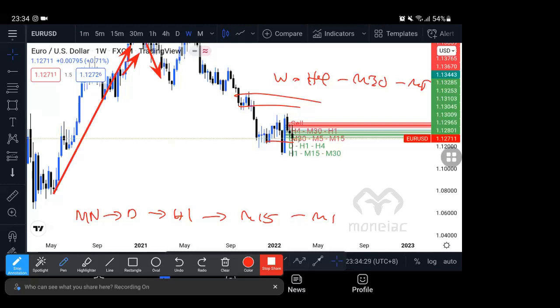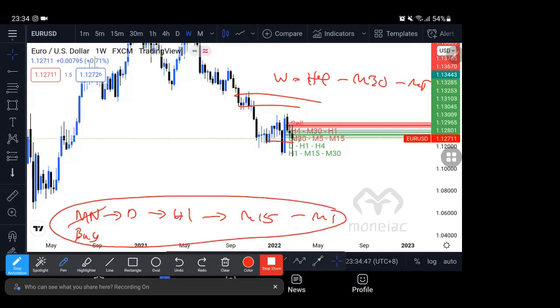The way I use this time frame order is, let's say I know monthly is buy, I already locked the time frame. So for looking buy, I will just use this. For looking sell, I will just look for this.